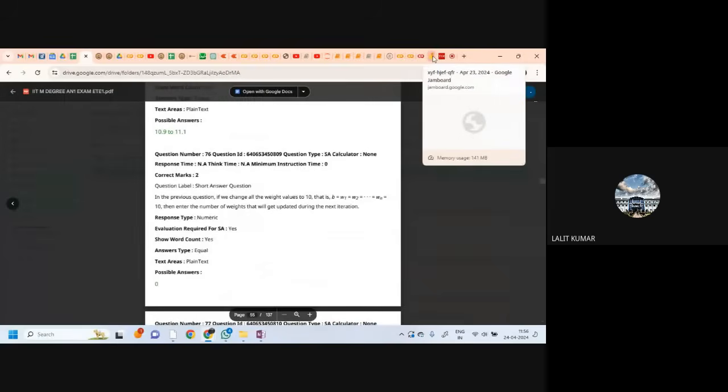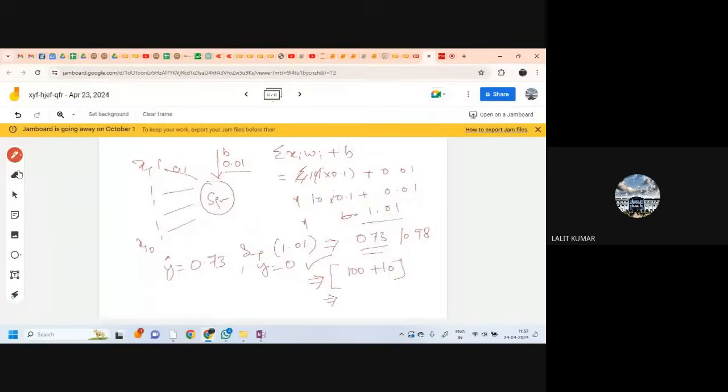Yes. And in the second case, what will happen if all are 10 and x is this? The summation will be 10 into 10, 100, plus 10, 110.